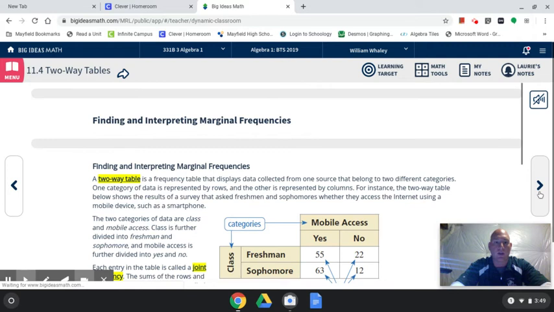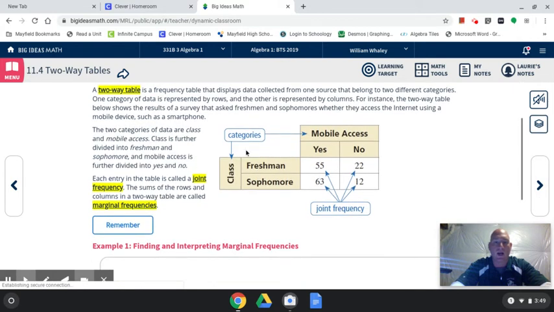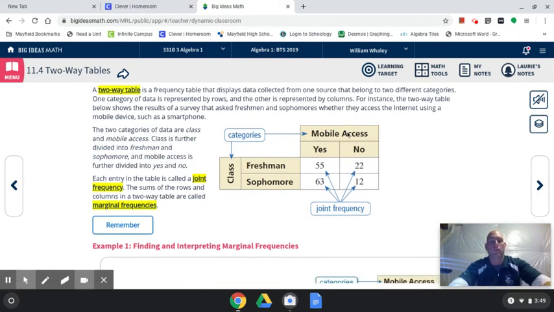Let's start looking. So you can see here we were talking about a two-way table. I'm not going to worry about their definition yet. You can copy that down. We're talking about mobile access, so who can get to a mobile phone, and class. It could have been cars, I don't know.